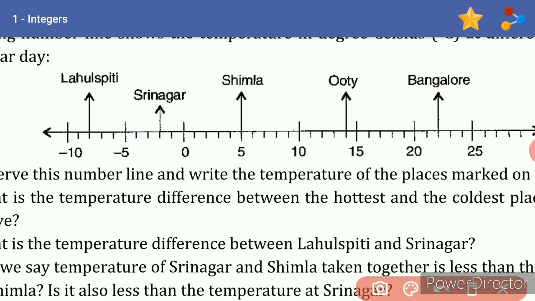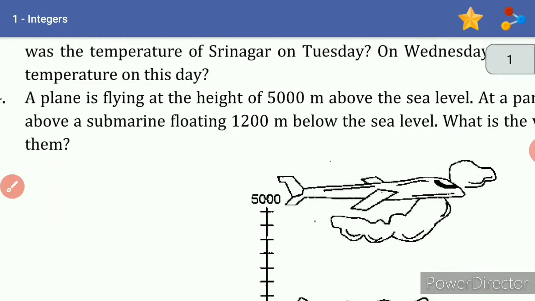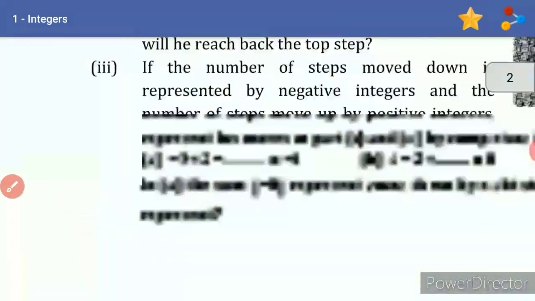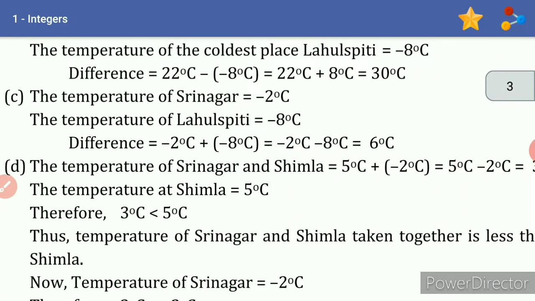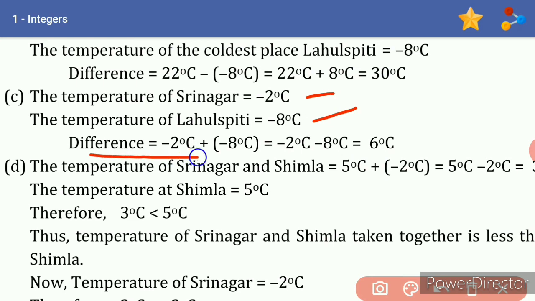Now let us see what is written in the solution. The temperature of Srinagar is minus 2, the temperature of Lahul Spiti is minus 8, so the difference is minus 2 minus of minus 8, which is 6 degrees Celsius.